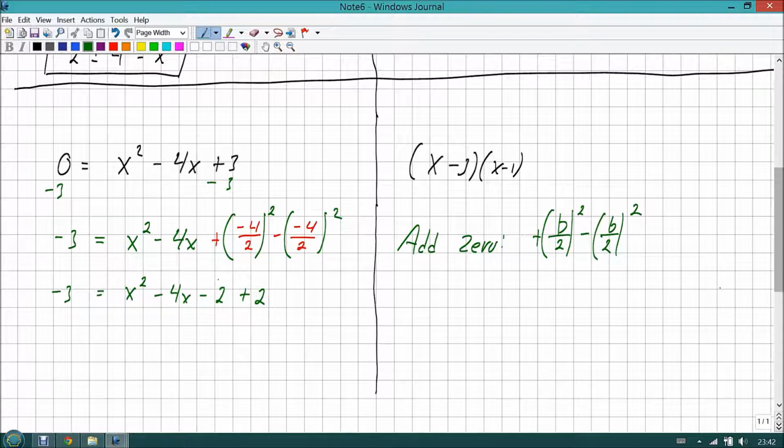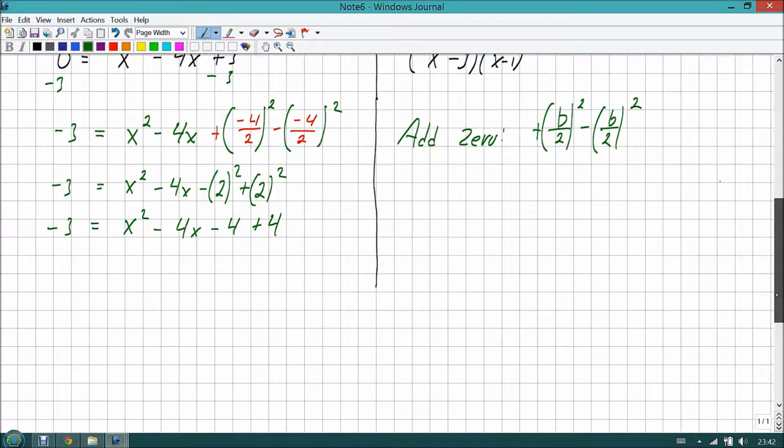So this will be a negative 2 squared and a positive 2 squared, which gives me negative 3 is equal to x squared minus 4x minus 4 and then plus 4. Now, remember what I said about making it a perfect square trinomial?